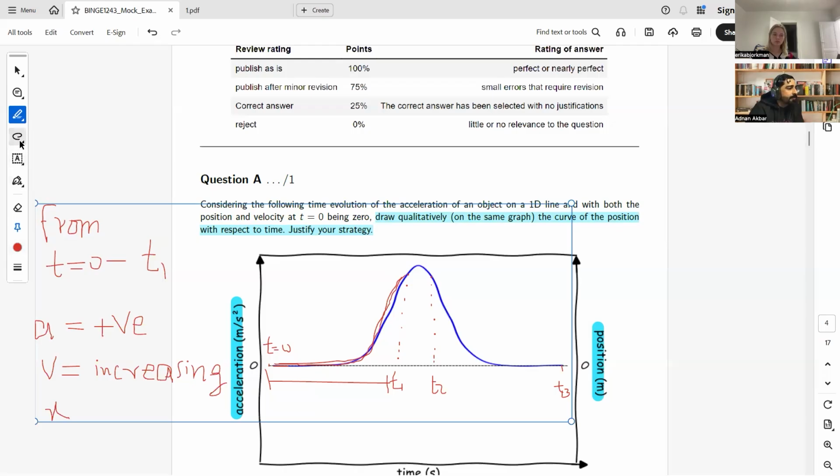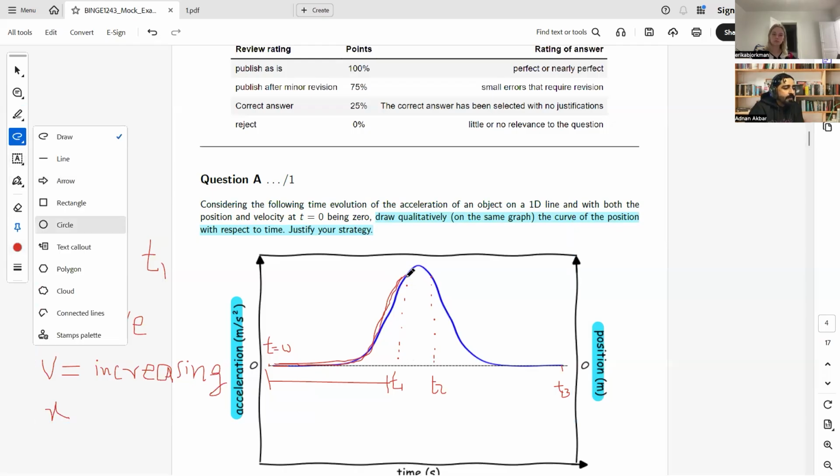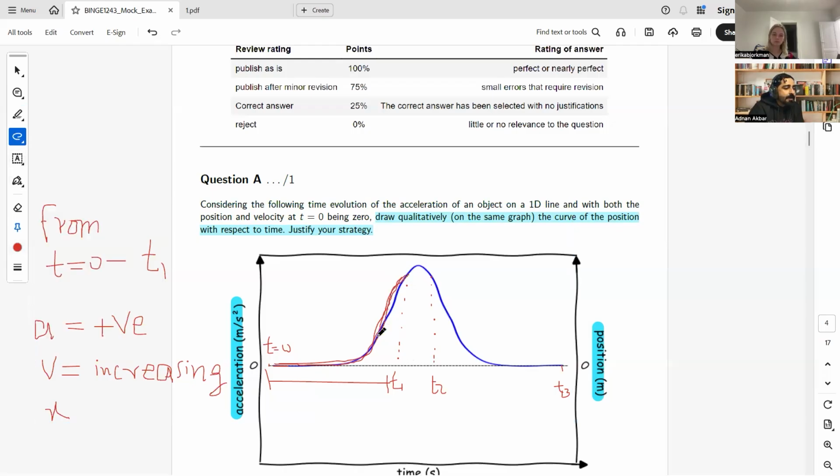Anyway, this red curved shape is representing the position of that moving object till this point. It describes that the speed is increasing and it is moving upward in a concave, upward-moving shape. That is the position during the time period t equal to 0 to t1.